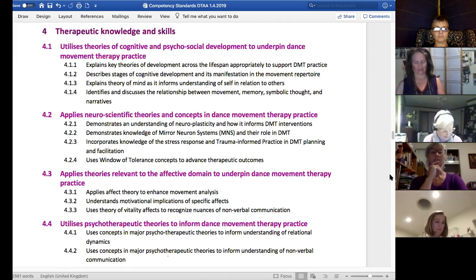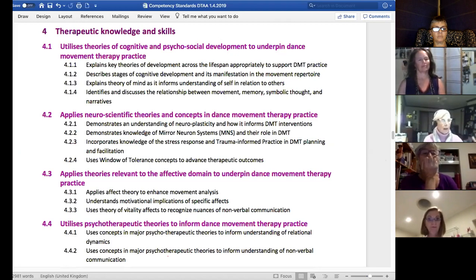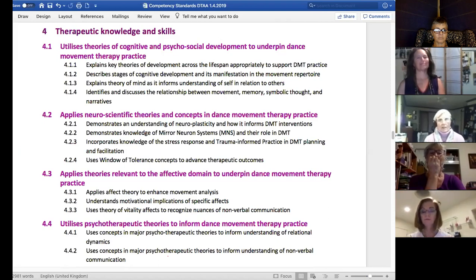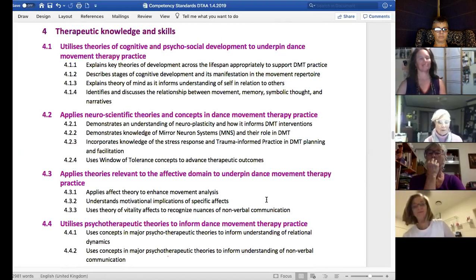Those are the lifespan theories, the theory of mind, as you can see in number 4.1.3. There's memory, many of these cognitive mind theories. Again, we had a lovely question from Jane Rafshagi about what about Freud's ideas, and they can fit under here. How you choose to do theory of mind depends on your program. So these are quite broad, probably more broad than you may think.